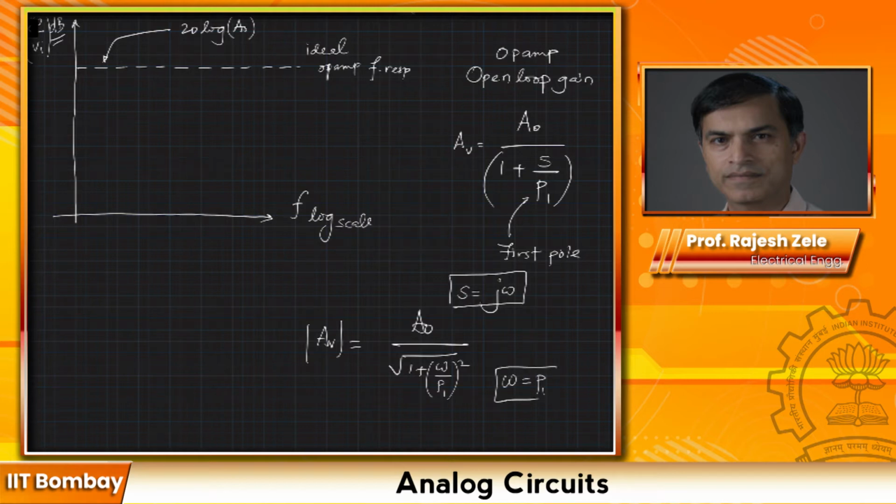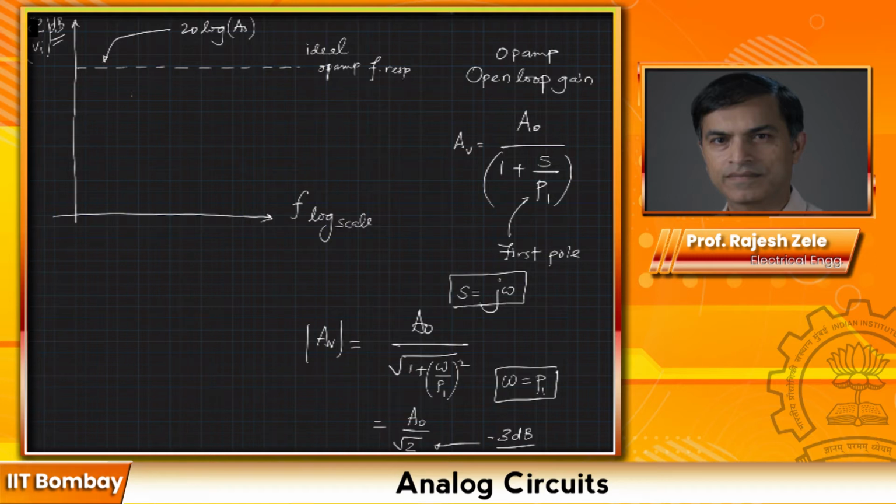That's the magnitude. And when omega is equal to P1, at the pole frequency, this looks like A0 divided by root 2. And root 2 in dB terms is minus 3 dB. Now this is something that you have looked at from the Bode plot point of view. I'm just telling you that the op-amp, we can assume for the sake of discussion, has only one pole for now, and the pole location is at some frequency P1.